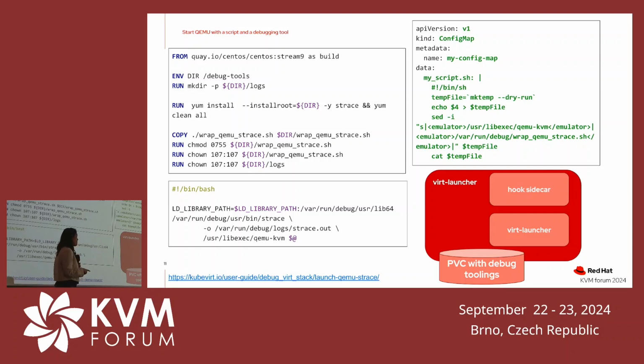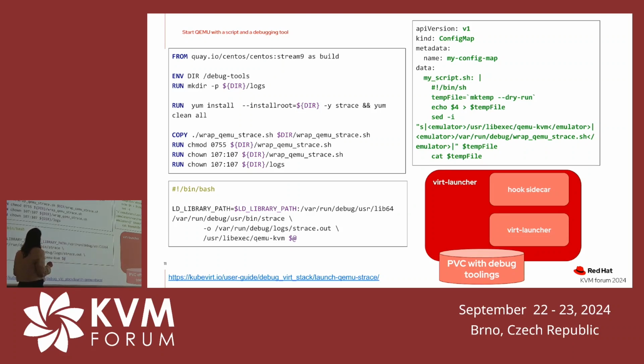So how do I create the content of this directory? What we can do is use a Dockerfile. You can see here that I'm referring to CentOS 9 because it's exactly the same base image as Virt launcher. And then I'm installing strace there in a directory.